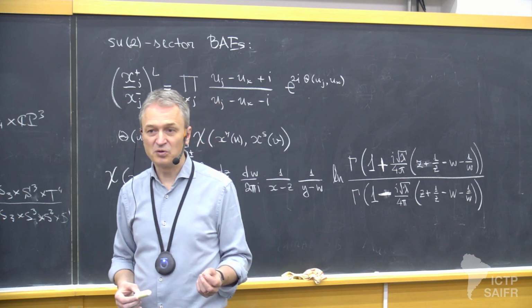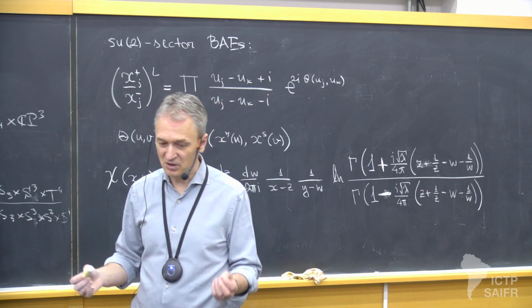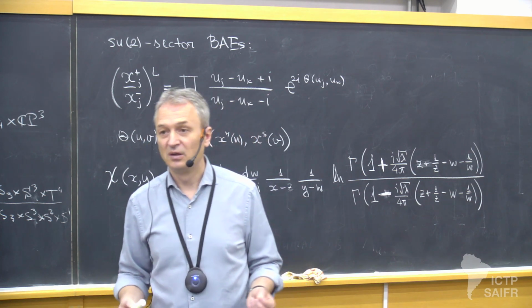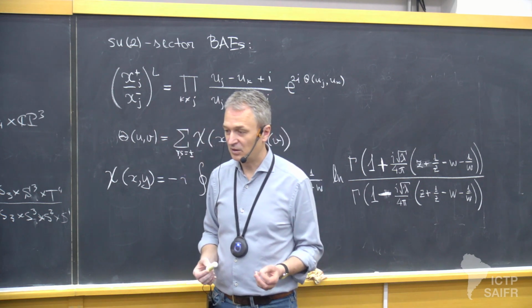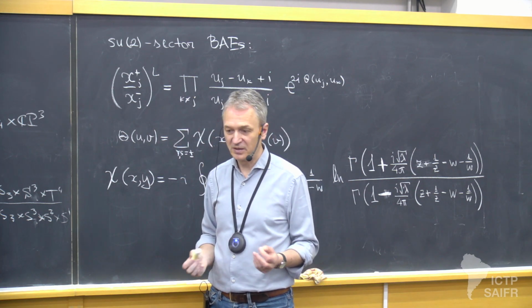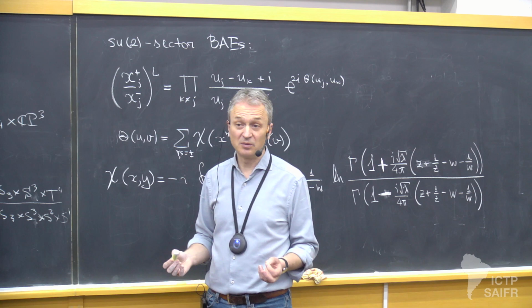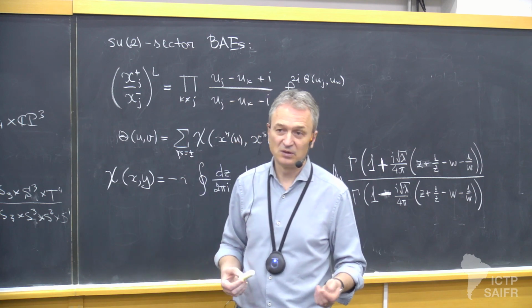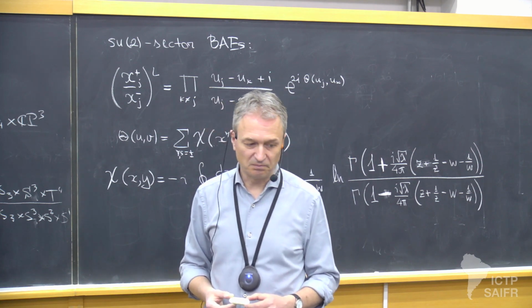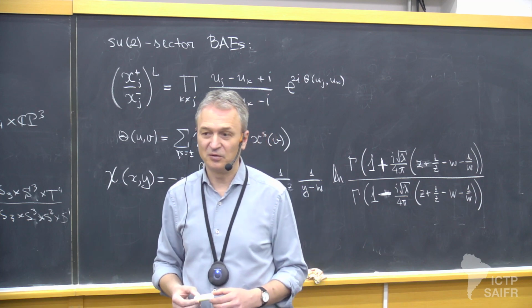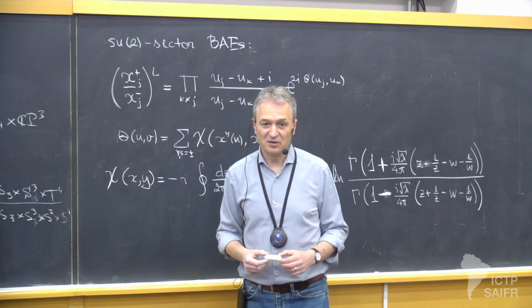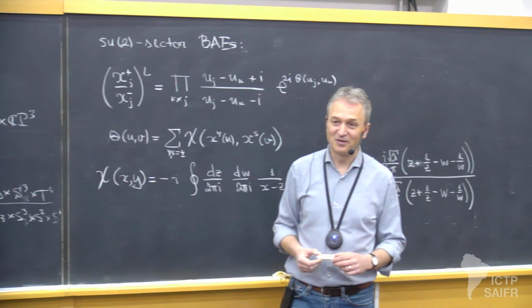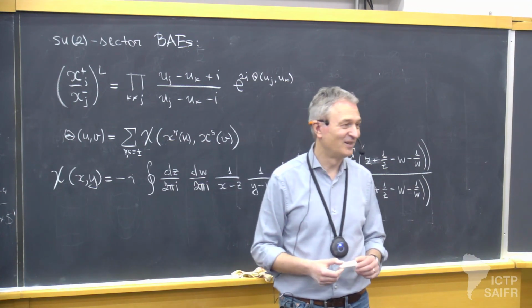Most systems are not integrable, and most string theories are not integrable, in particular those that describe holographic duality. So I think that what Carlos was talking about is certainly not integrable.